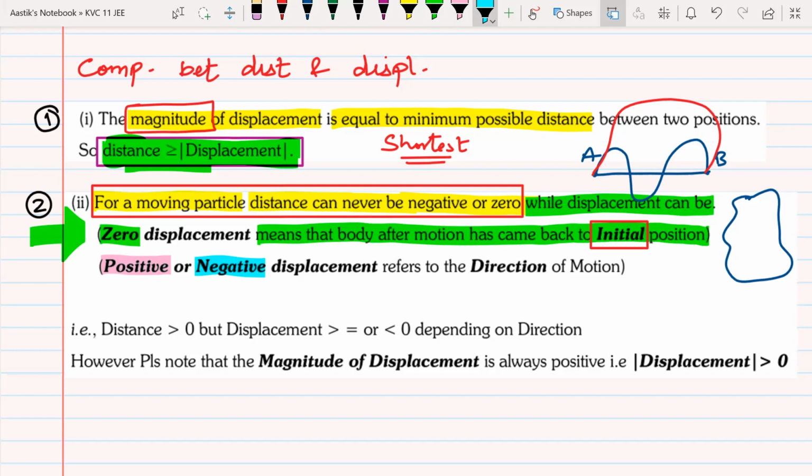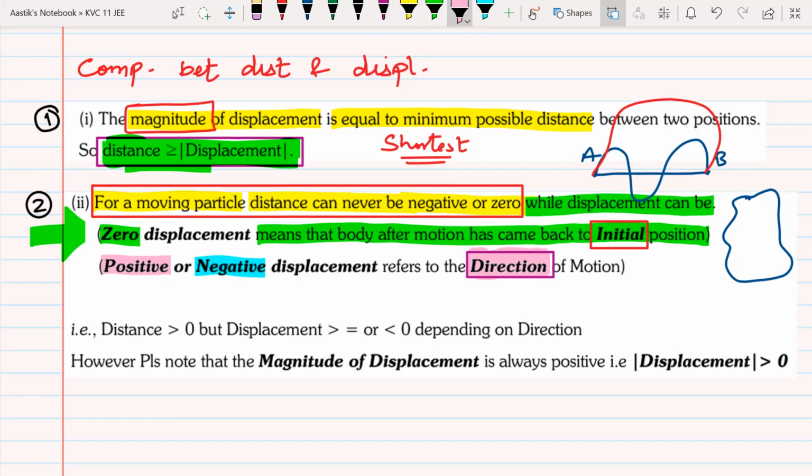Yes, bacha. When it moves in the positive x-axis, then it is positive. If it moves in the positive x-axis, displacement is positive, and if it moves along the negative x-axis, then negative. Or positive or negative y-axis. Okay. So basically, whenever we are talking about positive displacement or negative displacement, we are only talking about one thing and one thing only, and that one thing is the direction of motion.